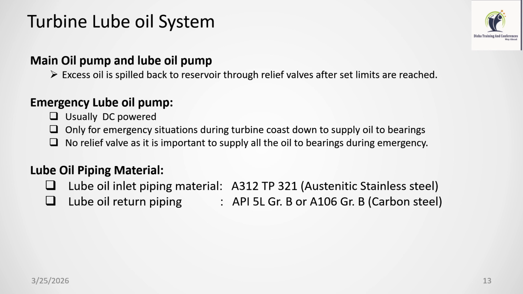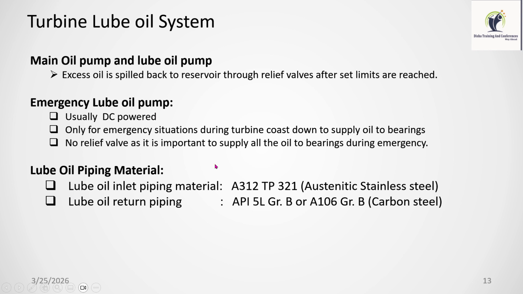If oil is not provided to the journal bearing during coasting down or starting, there is a chance that the white metal will burn out, the rotor will come in contact with the casing, and the rotor will be damaged. That's why main oil pump, auxiliary oil pump and emergency oil pump are provided to establish the oil flow.